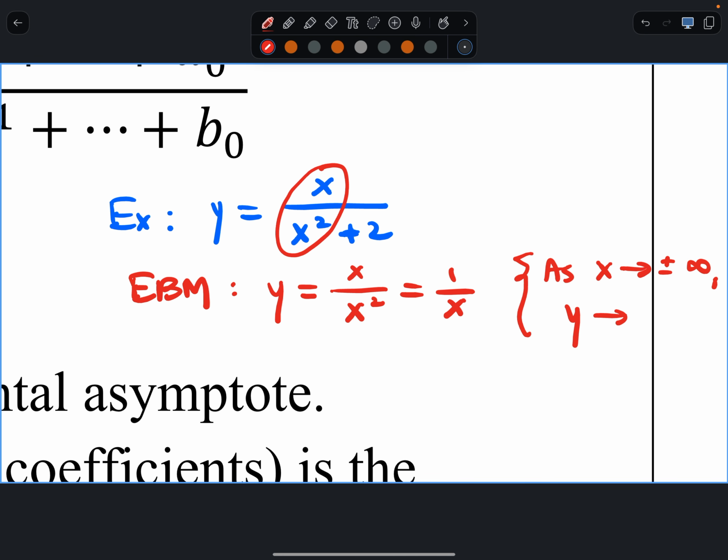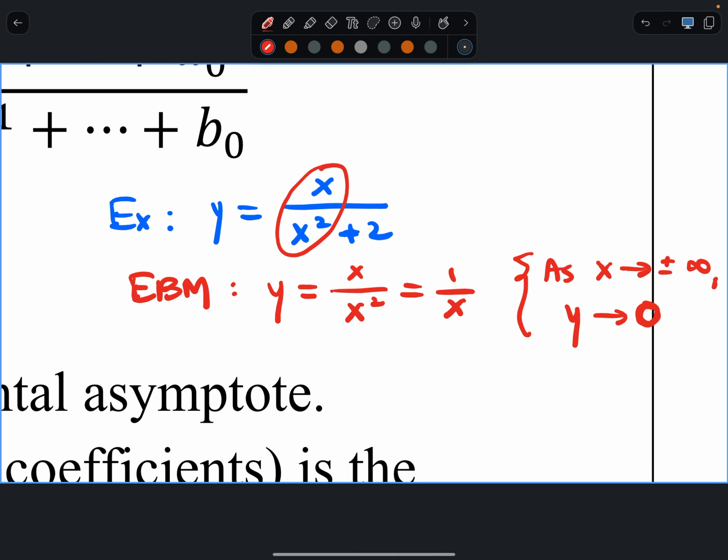Like we'd have 0.01, 0.001, 0.0000001, right? So we're trending towards 0. Will this ever be 0? No. But the values are getting closer as x gets infinitely large or infinitely small. Those values are trending towards 0.